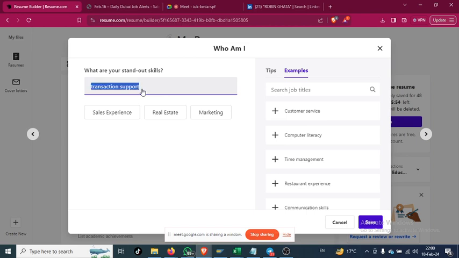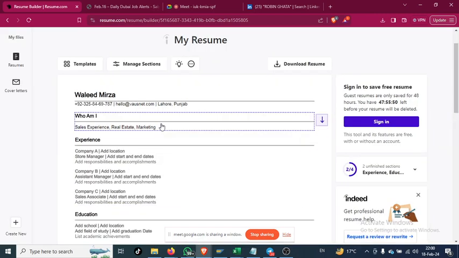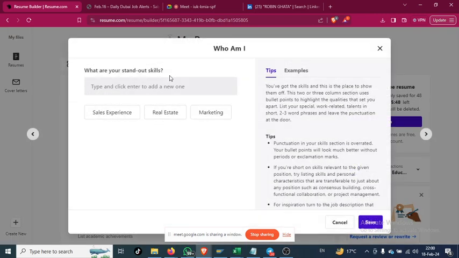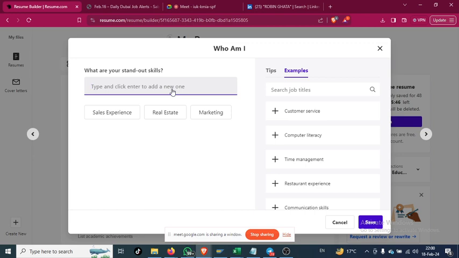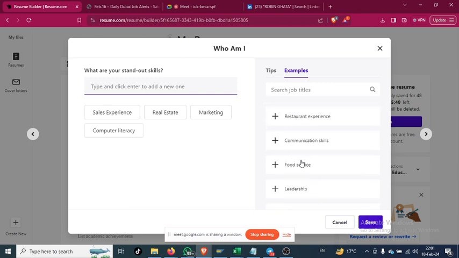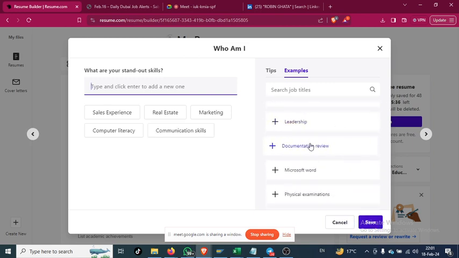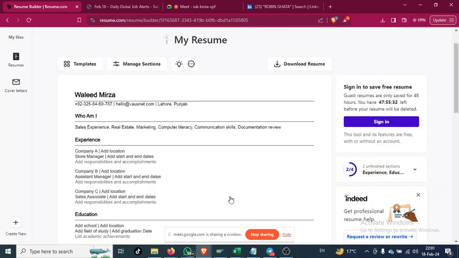No, we don't have any skill like that. So let's save that. Who am I? Computer literacy, yes. Communication skills, yes. Documentation, yes.